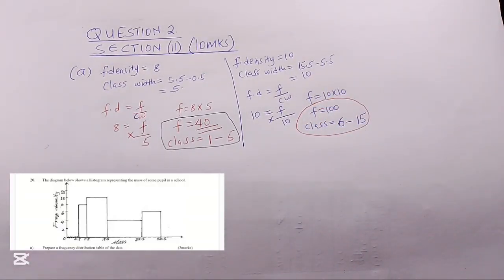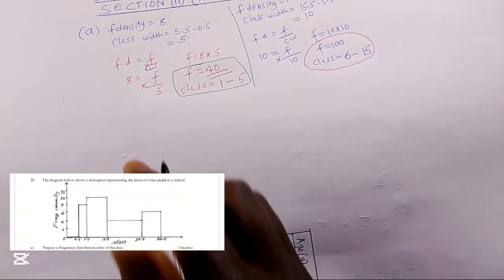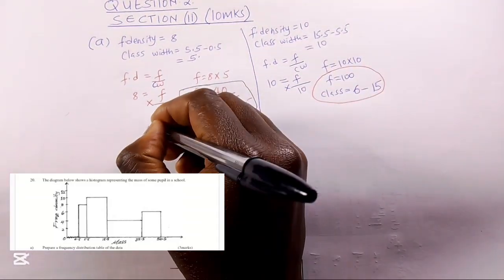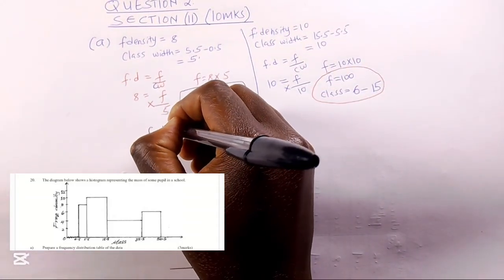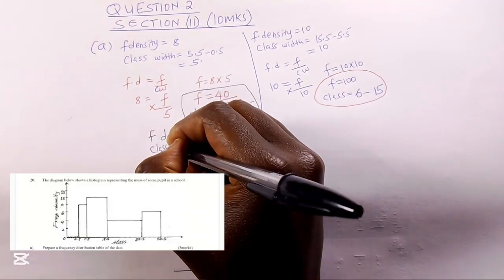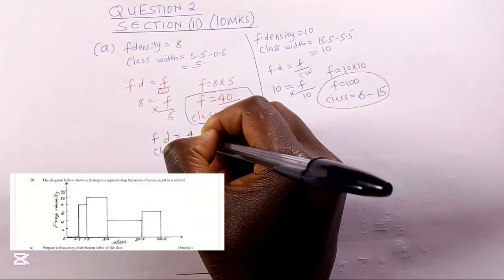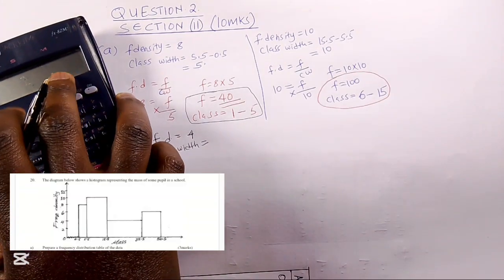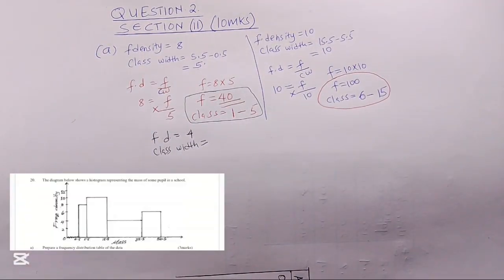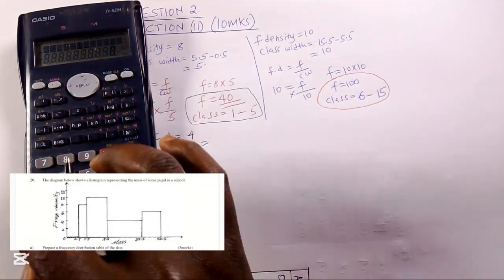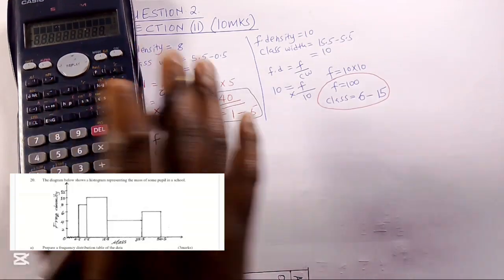The next one is the third bar, whose frequency density is equal to 4, and the class width is 35.5 minus 15.5, which is equal to 20.